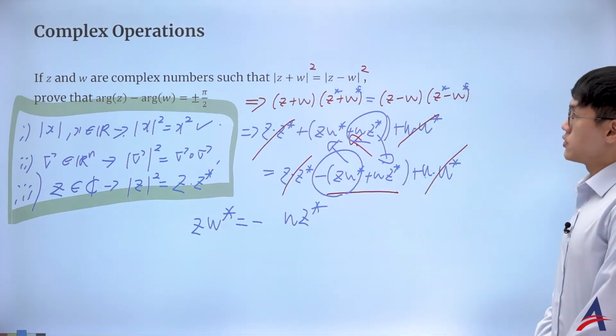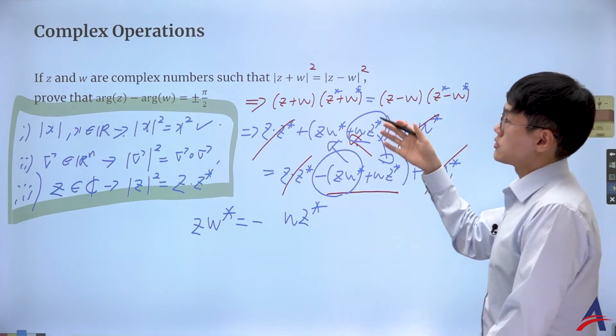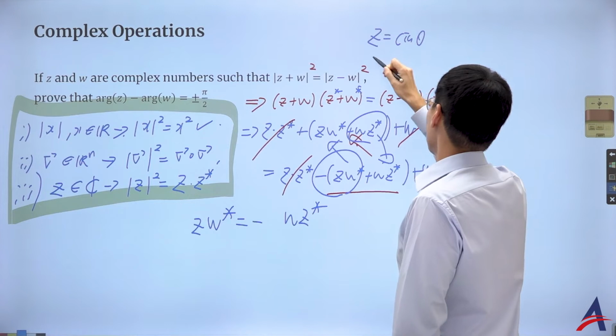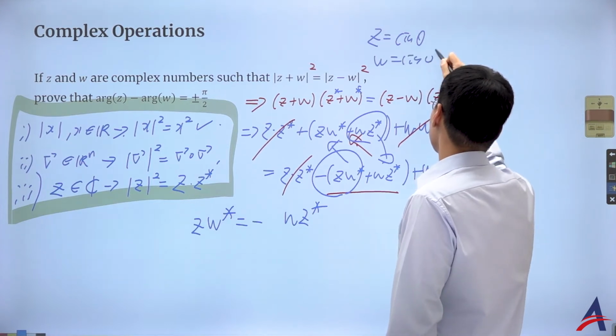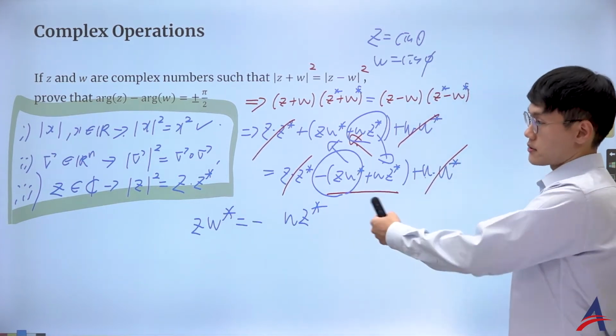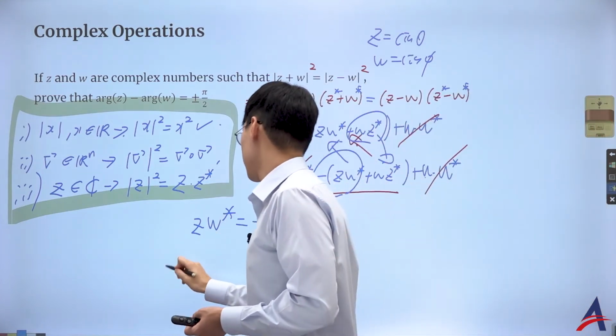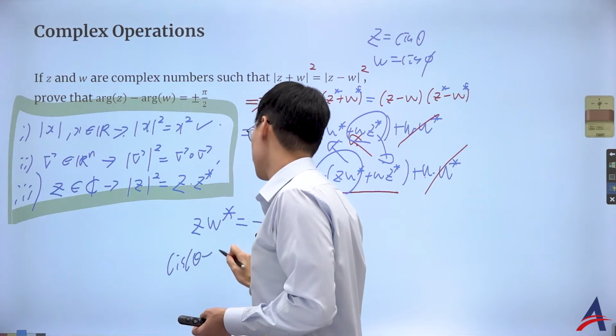For this, I will let z be cis theta and omega be cis phi. Now on the left-hand side, if you do the product with the conjugate, it's going to be cis of theta minus phi.